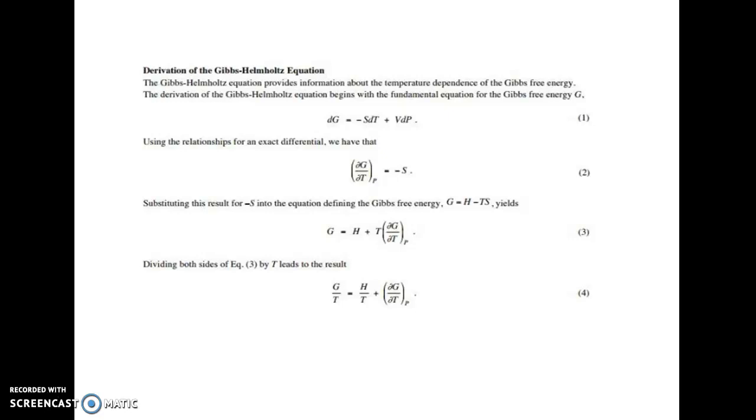The derivation of this Gibbs-Helmholtz equation provides information about the temperature dependence of the Gibbs free energy. The derivation begins with the fundamental equation for Gibbs free energy, which is denoted by the letter G. The differential equation gives dG is equal to minus S dT plus V dP.